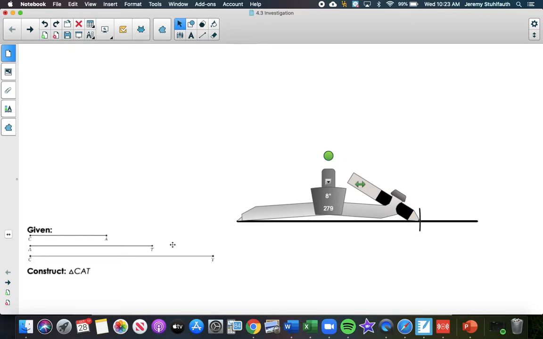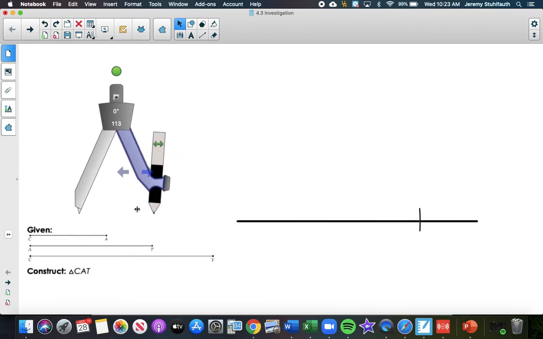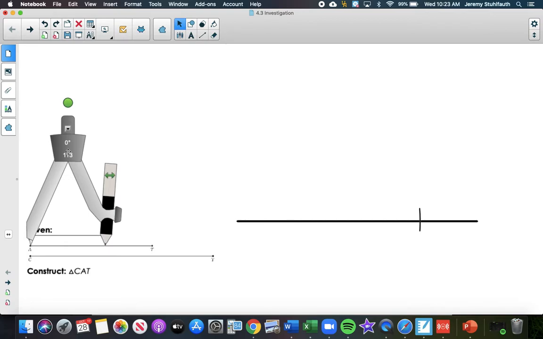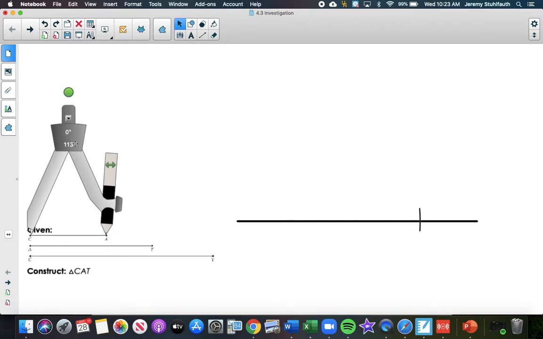After that, we have CAT, so we need to go over here and duplicate side CA. We'll start with C here, since C is our starting endpoint. CA is this length.